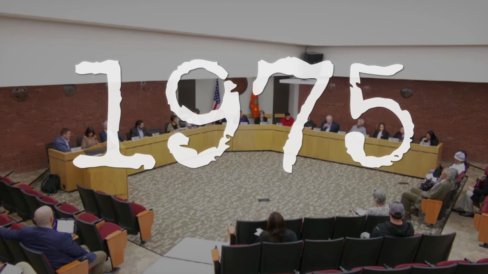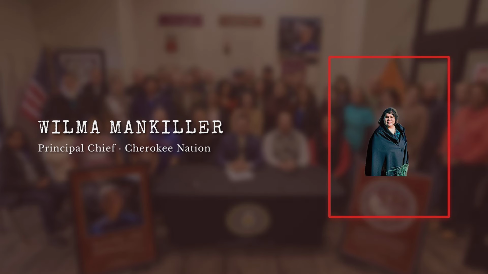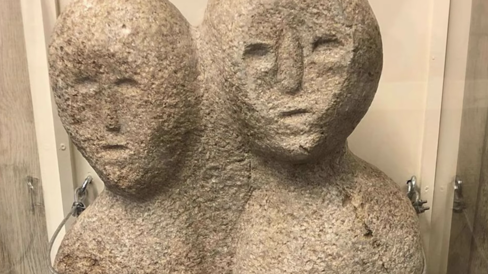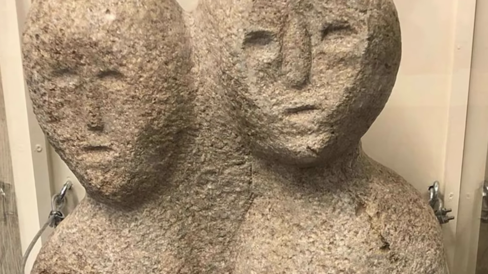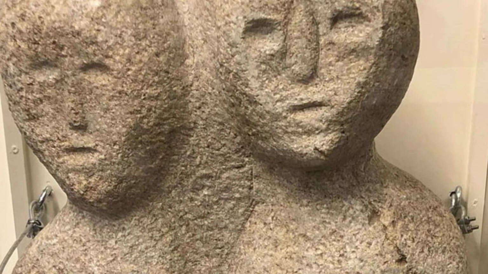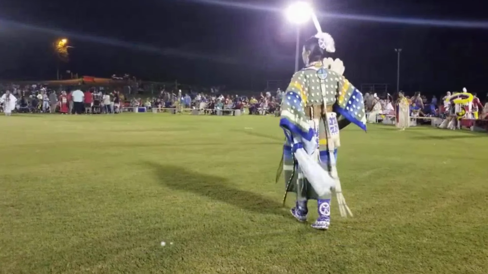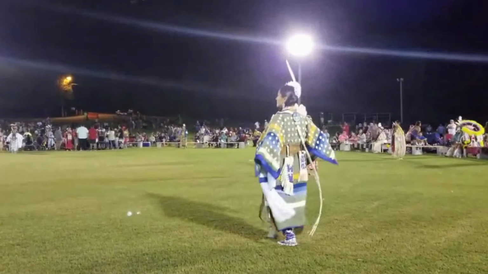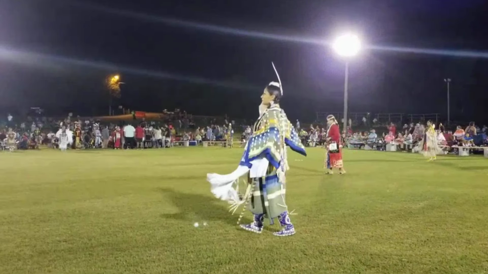In 1975, they adopted a new constitution reclaiming democratic rule. Wilma Mankiller, elected principal chief in 1985, led efforts to restore healthcare, education, and cultural pride. The trauma of removal remains, but so does the will to endure, woven through the lives of women and leaders who refuse to let the nation disappear.